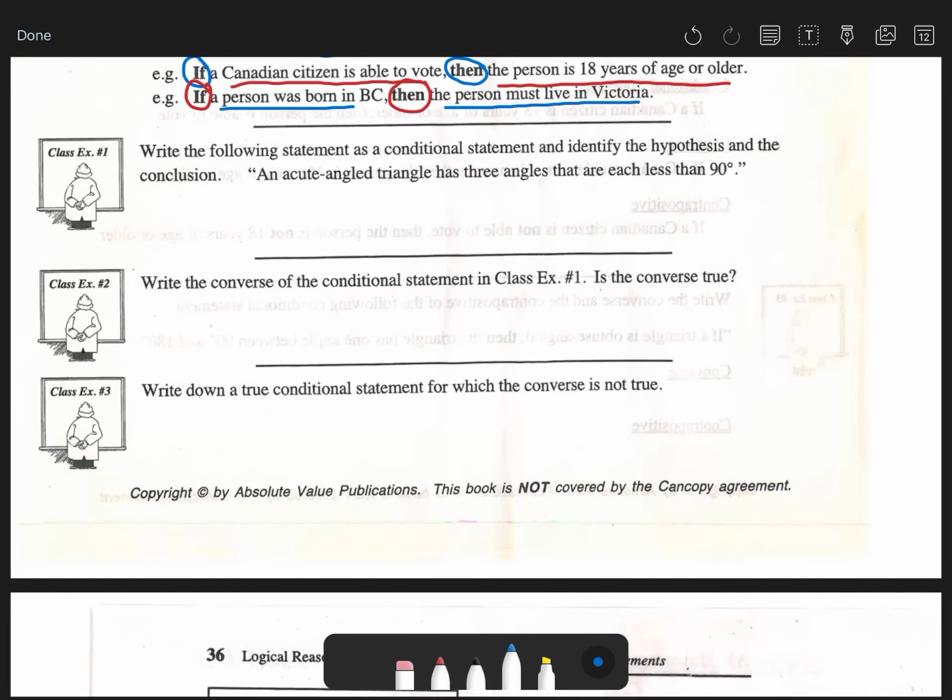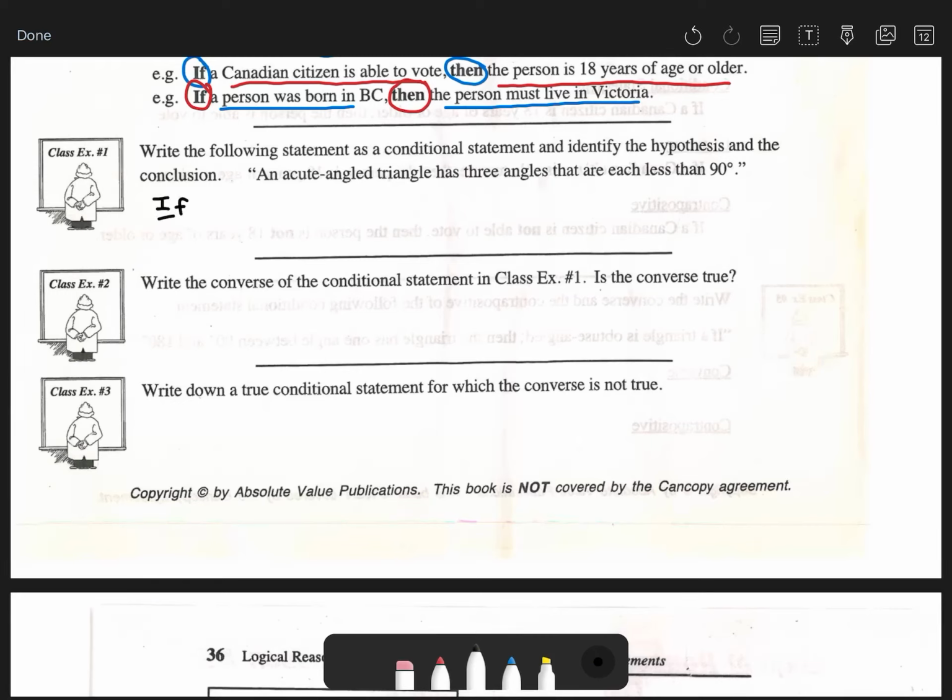Write the following as a conditional statement and identify the hypothesis and the conclusion. An acute angled triangle has three angles that are each less than 90 degrees. I want to write that as an if-then statement, which is the same as a conditional statement.